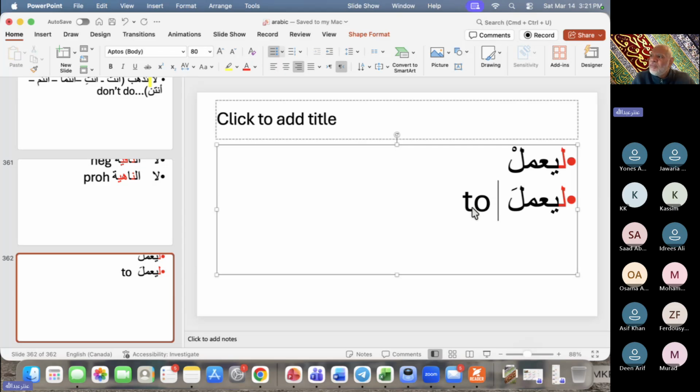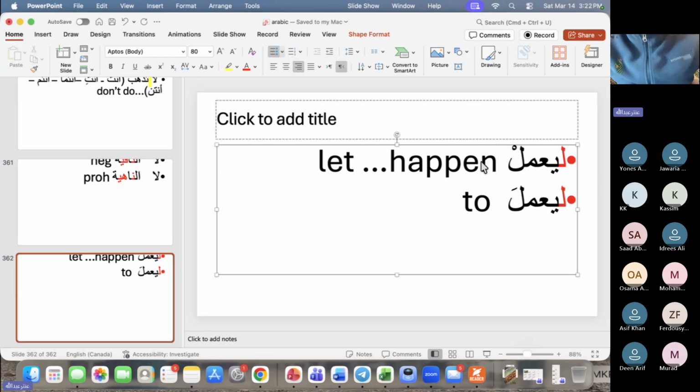In Arabic, all prepositions come before nouns, and two is an, and it comes before فعل مضارع, lam or la or an. This lam with the sukun means let him do, let something be. Let someone do something, or let something happen.